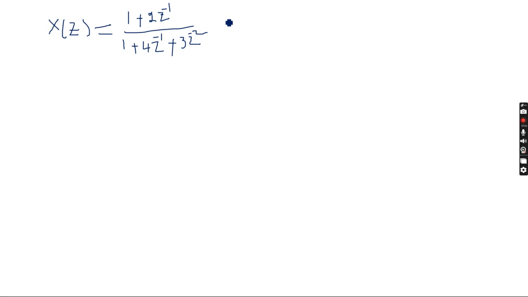So here ROC is given: mod z greater than 3. It is a causal signal, right? So a greater than value is a causal signal.